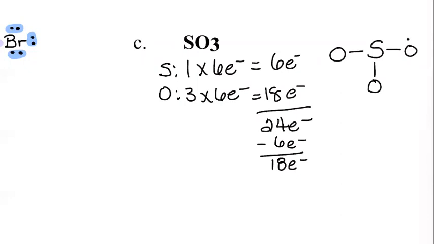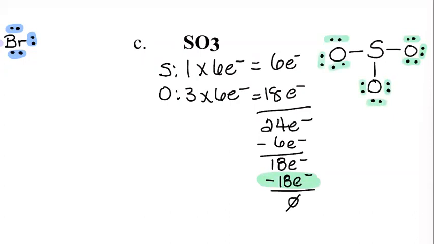So I'm using 2, 4, 6, 8, 10, 12, 14, 16, 18. So my 18 electrons were used by putting the lone pairs on my oxygens. So these 18 electrons are here. These 6 electrons are these.